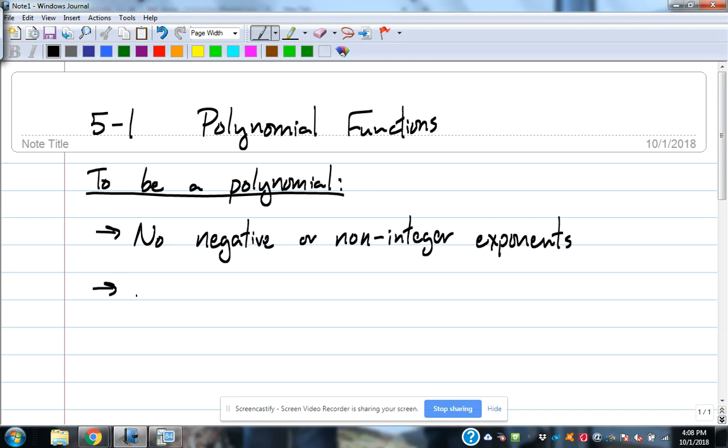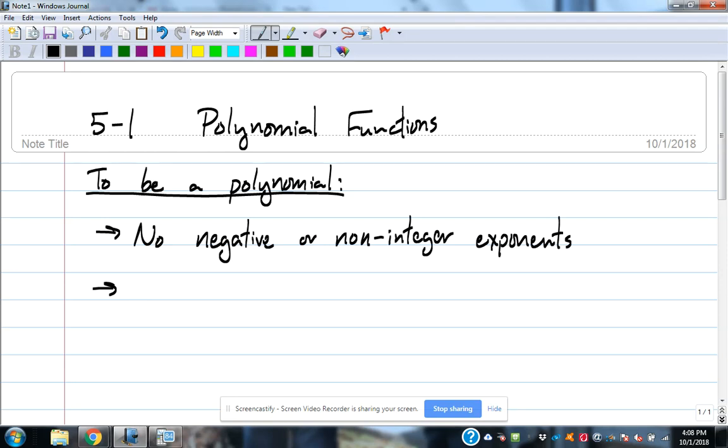No negative exponents on the variables, no non-integer exponents. So that rules out square roots and cube roots and all those sort of things. Those are all rational exponents, what they equate to. So none of that stuff.